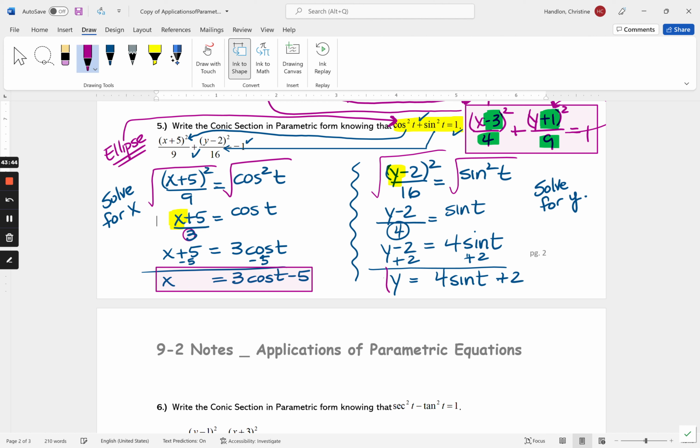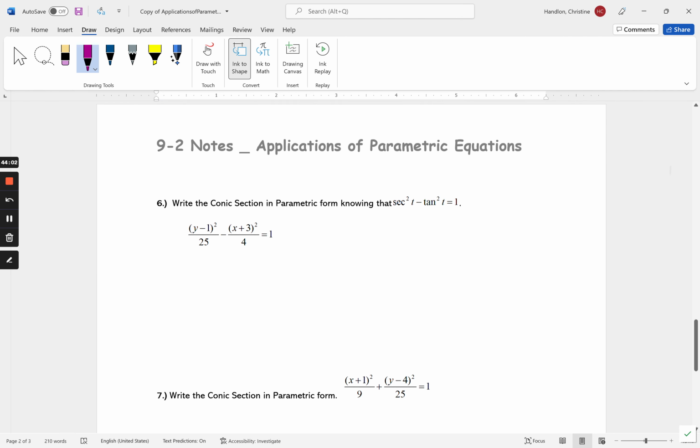And now you went from a rectangular equation to two parametric equations because you reintroduced the parameter t.